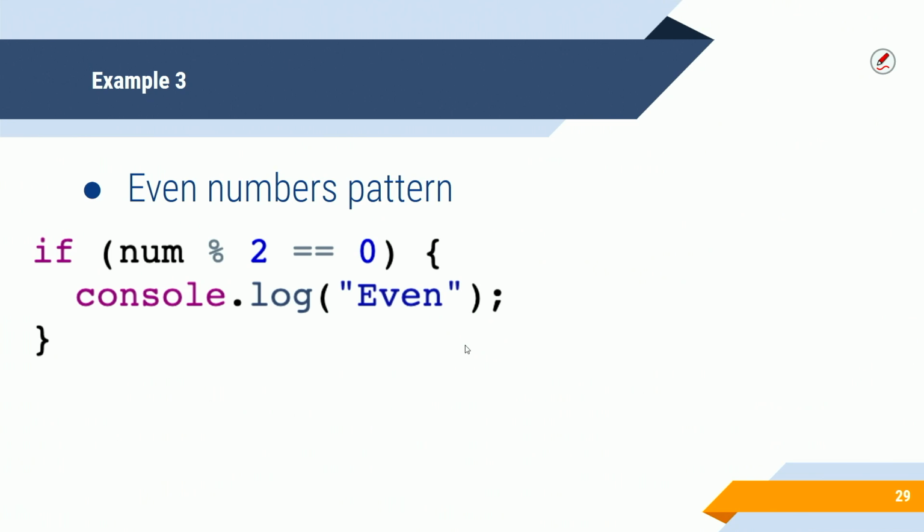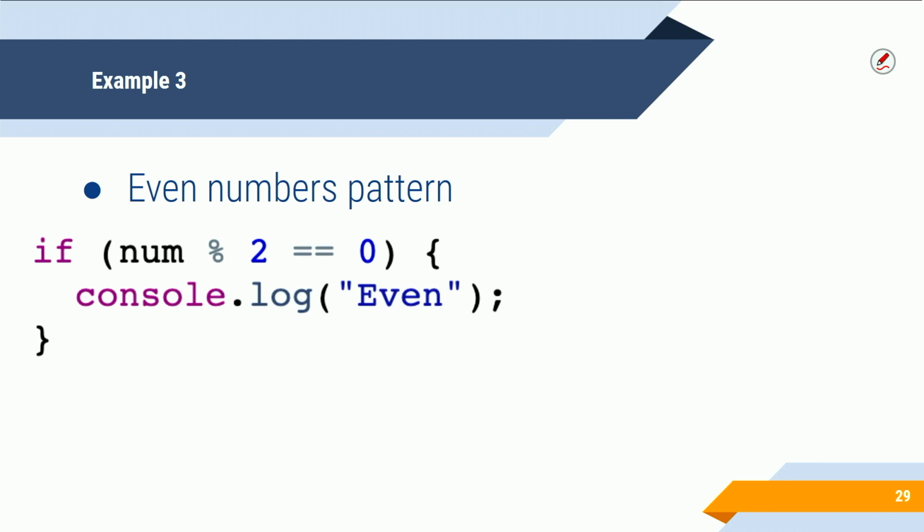Now, the even numbers pattern, just to recall, could be something like if num modulus 2. The modulus operator, which is the percent sign, reads kind of like this. It's like num divided by 2, and rather than give you the answer to that, it gives you the remainder.